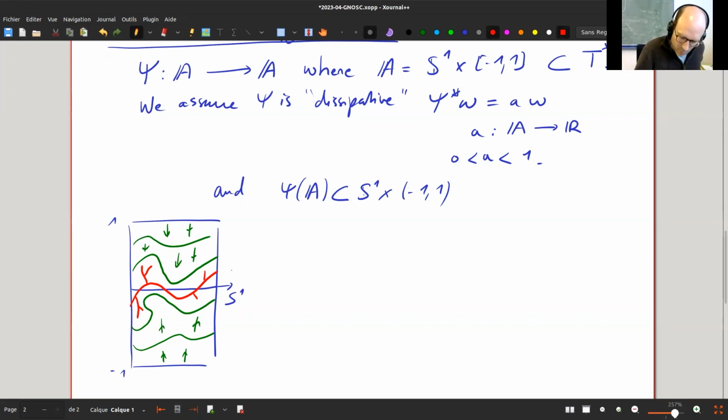So the red thing that I drew here, I will denote it by C0, and this is just the intersection of all psi n of the annulus when you take all positive integers n. Okay, so that's a compact invariant subset.